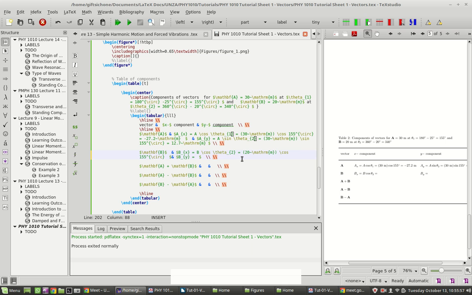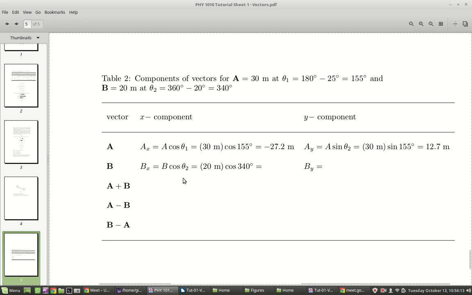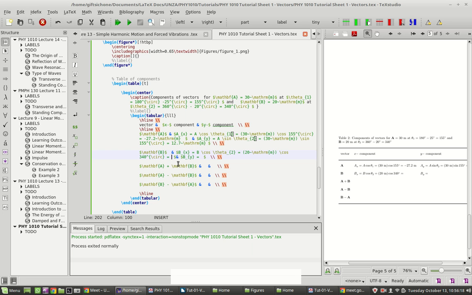And how much is the angle it makes? 340. So 20 meters times cos 340 degrees. How much do you get for that? 18.8.